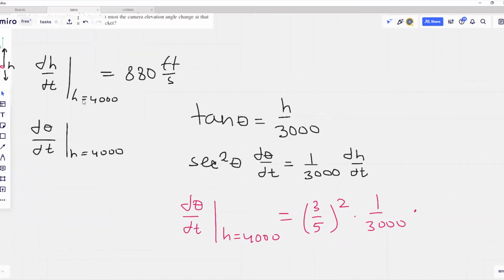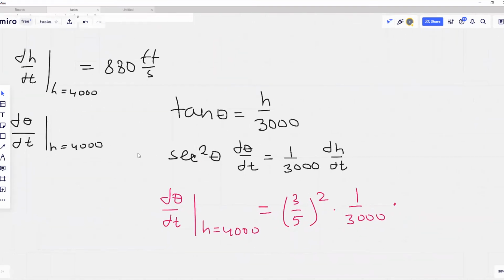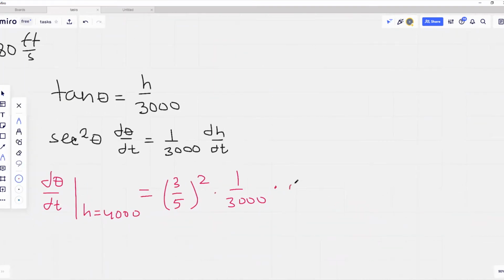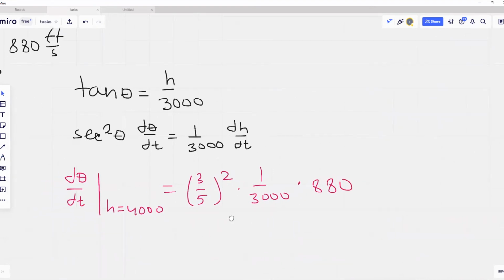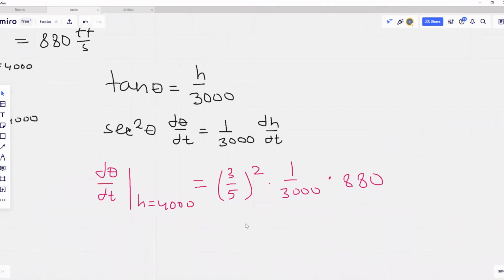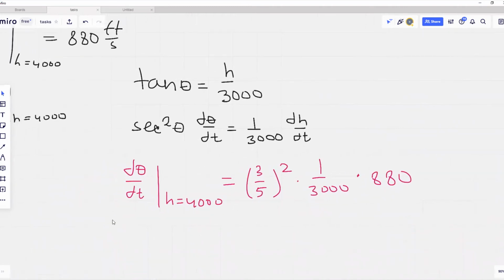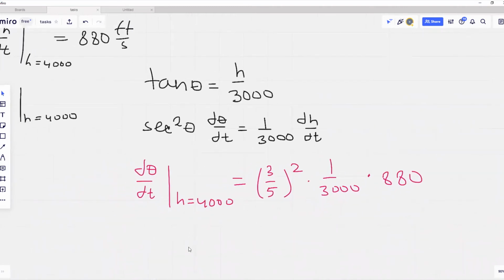Dh over dt at that instant is equal to 880. Okay, and then calculating this value, we will find the rate of change of the angle at that instant of time.